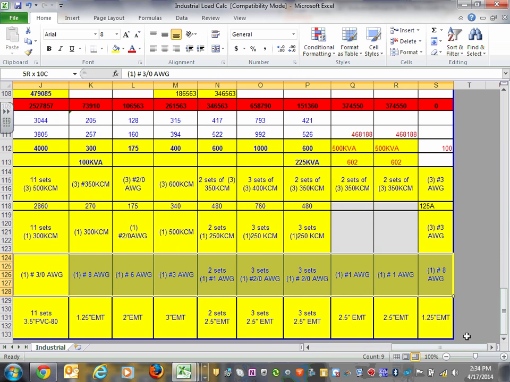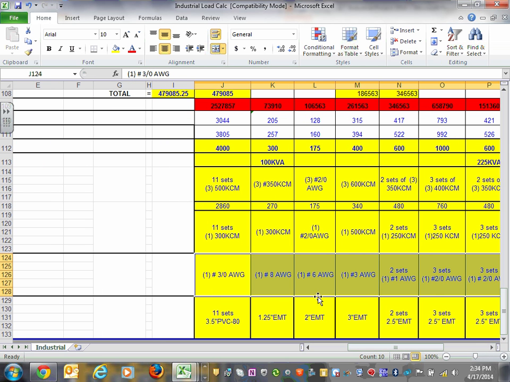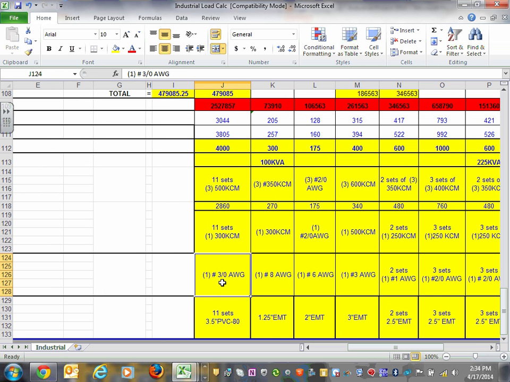Now, if you're using PVC, these are my grounding electrode conductor at the service, and my equipment grounding conductor everywhere else.